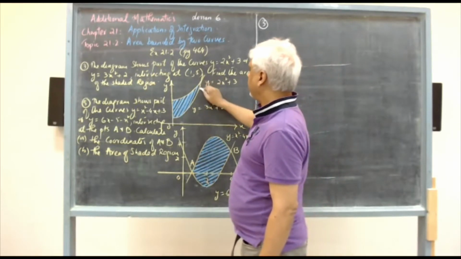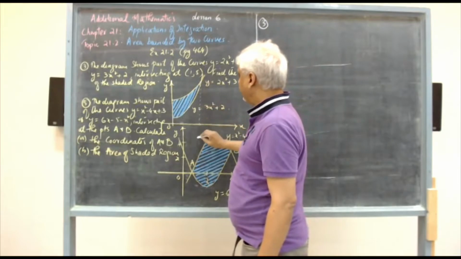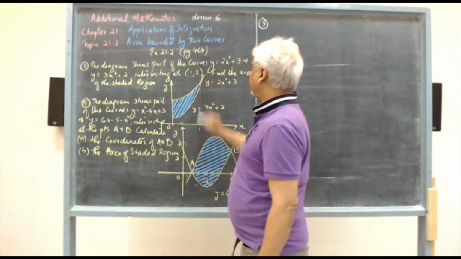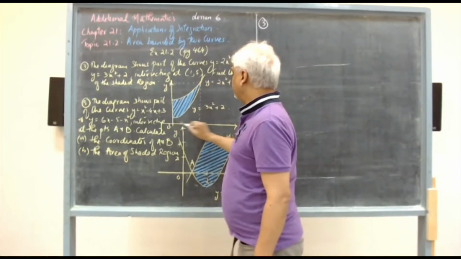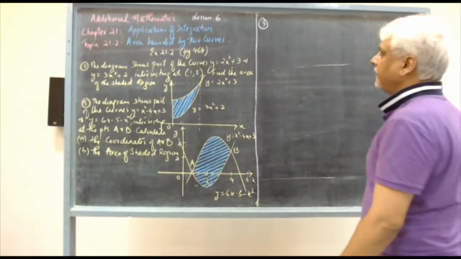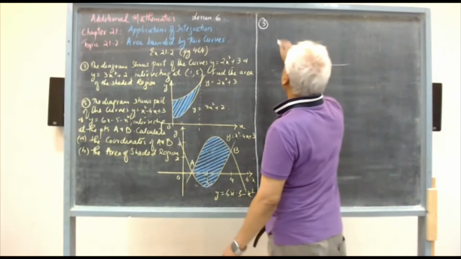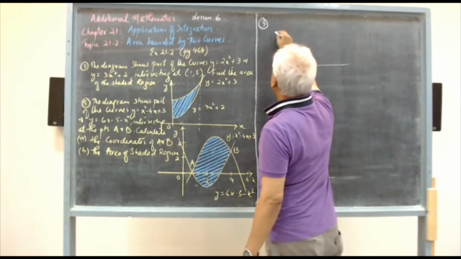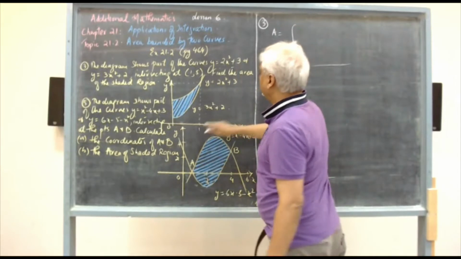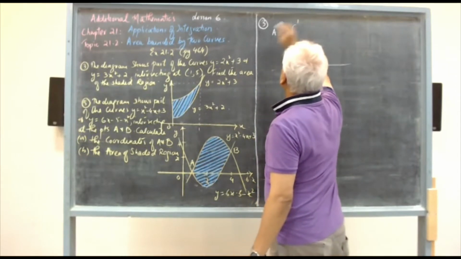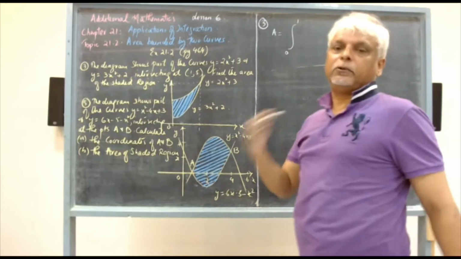So here you can see the x coordinate is 1, and y is 5. So from 0 to 1, you'll be calculating the area of the shaded region, A, which is equal to the integral from 0 to 1. Now we will be subtracting the lower curve from the upper curve.